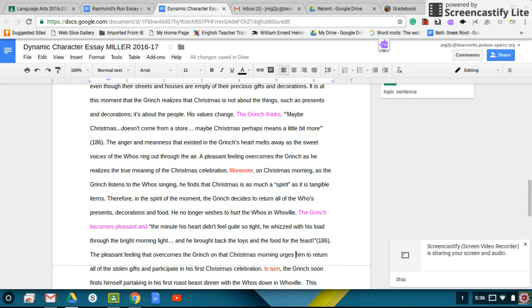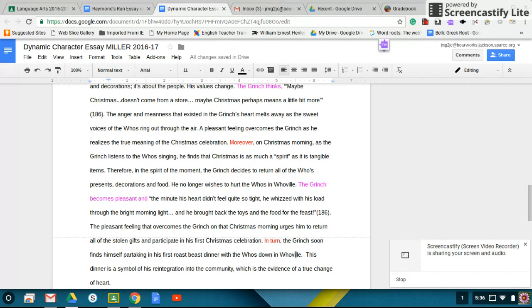The pleasant feeling that overcomes the Grinch on that Christmas morning urges him to return all of the stolen gifts and participate in his first Christmas celebration. In turn, the Grinch soon finds himself partaking in his first roast beef dinner with the Who's down in Whoville. This dinner is a symbol of his reintegration into the community, which is the evidence of a true change of heart.